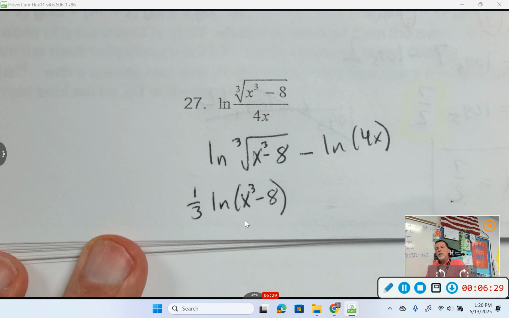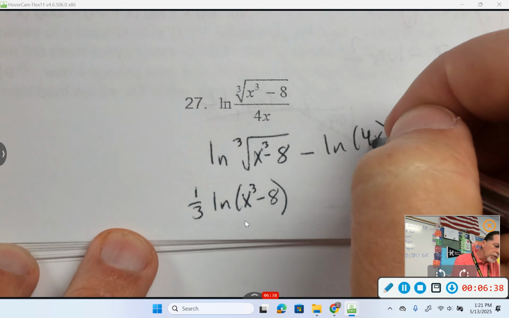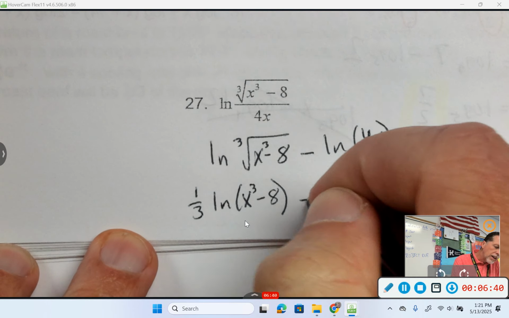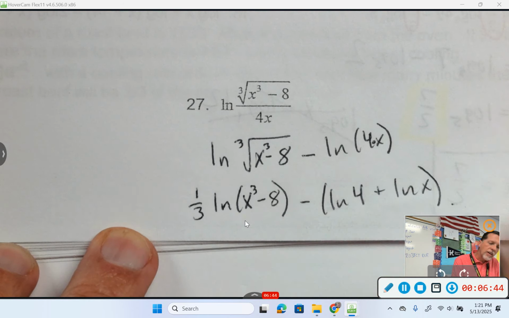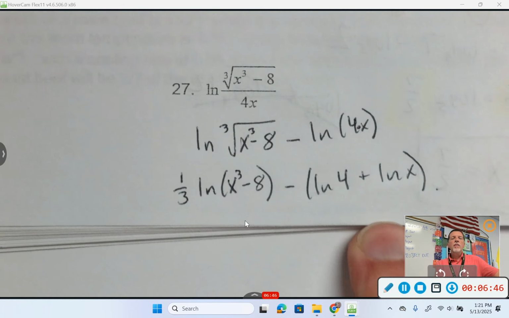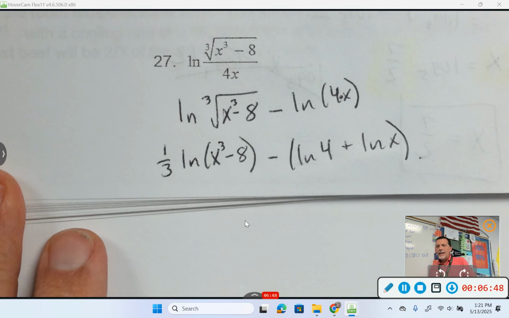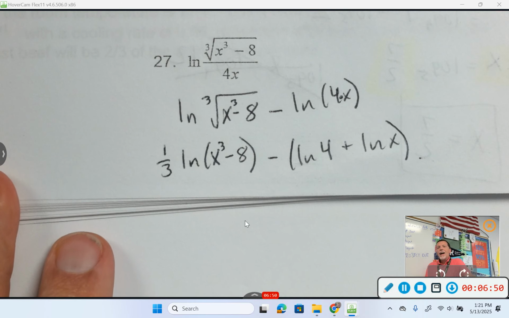And there's one more thing that people frequently forget to do. Somehow their brain has locked 4x together and they can't unlock to realize that those are being multiplied. So natural log of 4 plus natural log of x. I kind of like the parentheses.